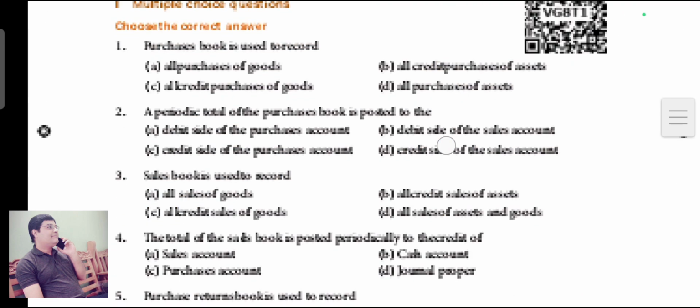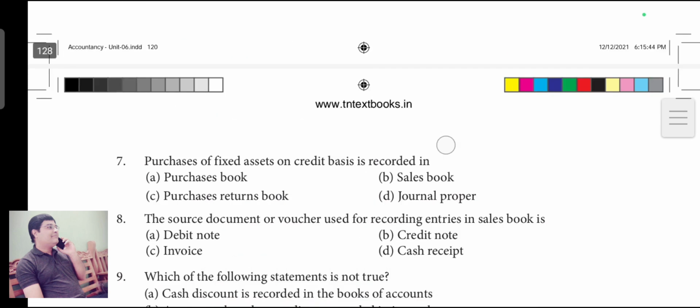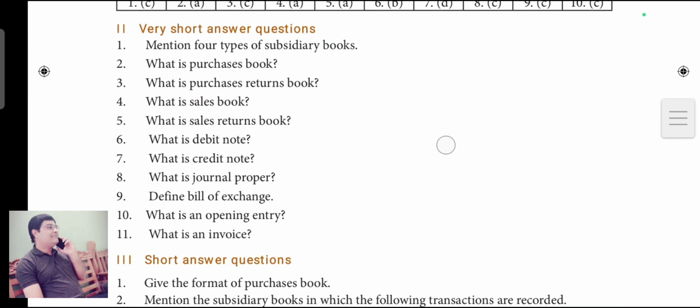Next, move on to theory. In very short answer, first one, second one, fourth one, sixth one, seventh one, eighth one, and then 11th one.